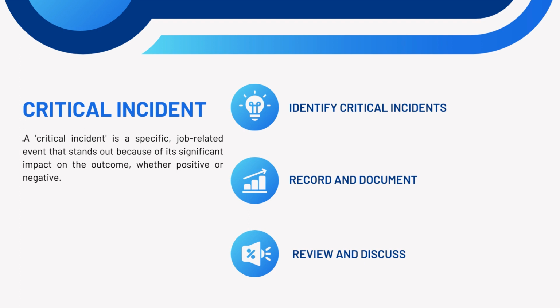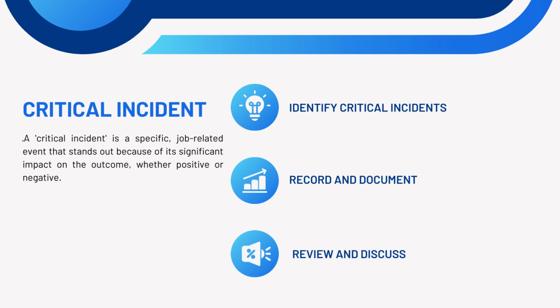So, essentially, there are three steps you can do in the critical incident technique, which is number one, identification of critical incidents. What are the specific instances of exceptionally good or poor performance that are being identified and recorded?